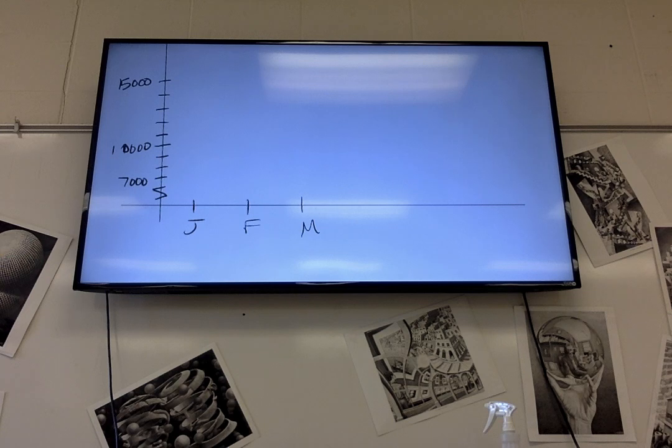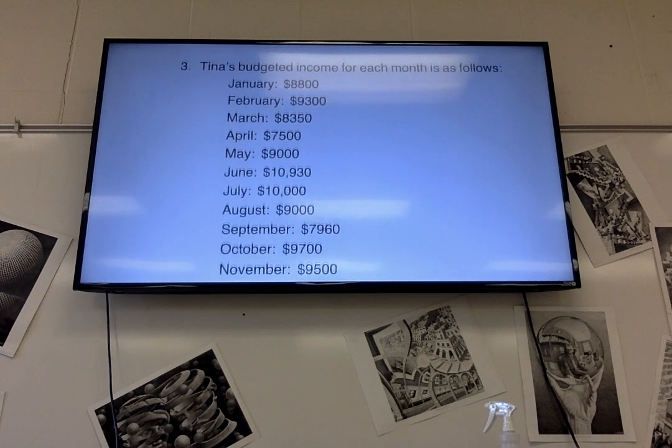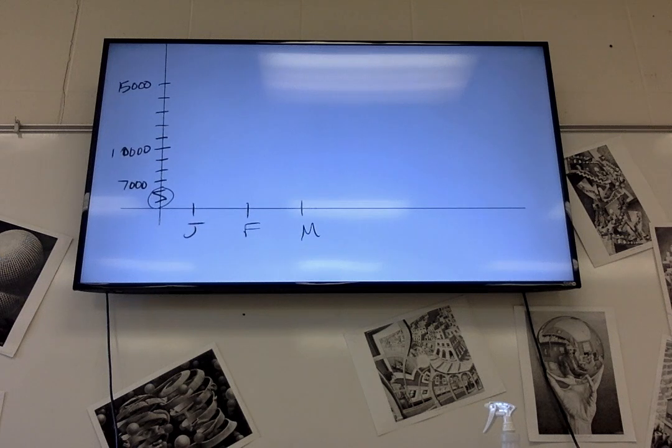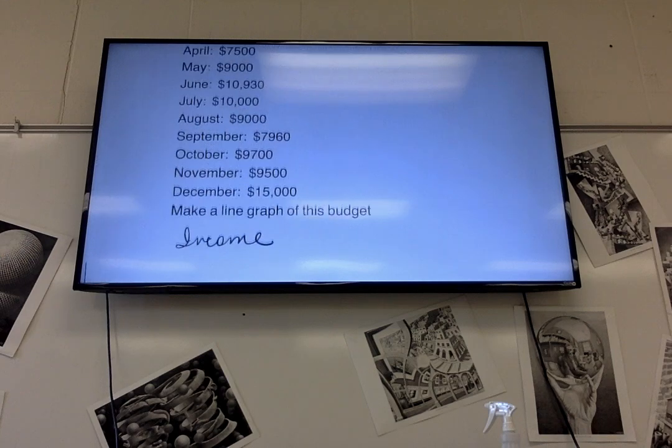Okay, I'm not going to do all of this one, we're probably going to run out of time anyways, which I'll just upload the answers. But I put this right here as a break in the graph. It looks like a backwards Z. So I could start at 7,000 instead of trying to start at 0. January is 8,800, so that's almost 9,000.